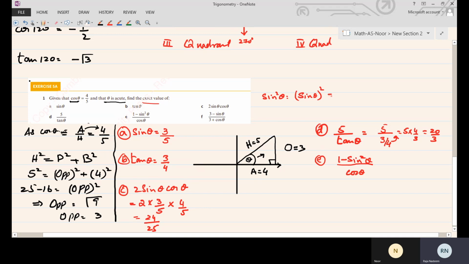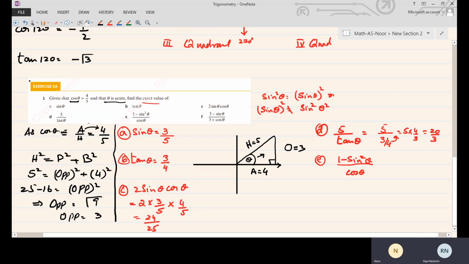Sometimes students get confused with sine theta whole square. They write it as sine square into theta square. Okay, so these two values are not equal. This square term or any power term would be the power of the ratio, not the angle.